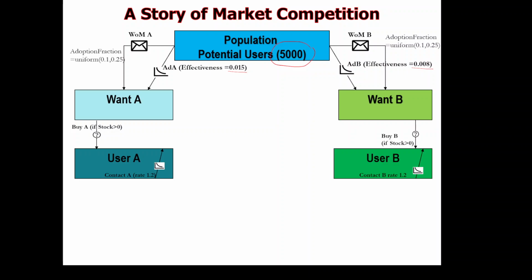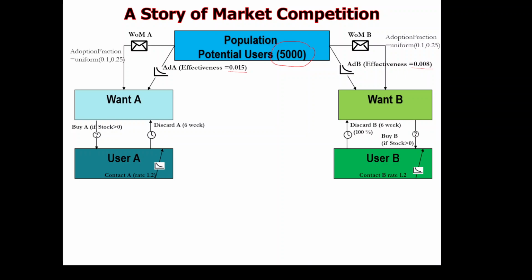That means that when user A or user B contacts the agents in the population, a uniformly distributed fraction, between 0.1 and 0.25 of these agents, will be influenced by the existing users, and the agents who are influenced would want A or B.